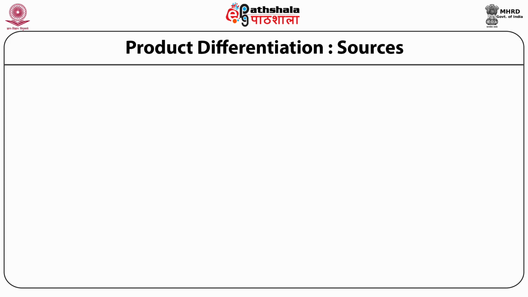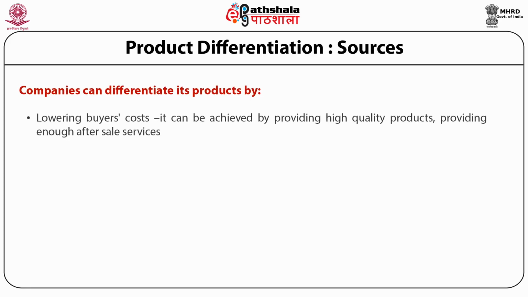Product differentiation. Sources. Students, companies can differentiate their products by lowering buyers' costs. It can be achieved by providing high-quality products and providing enough after-sales services.